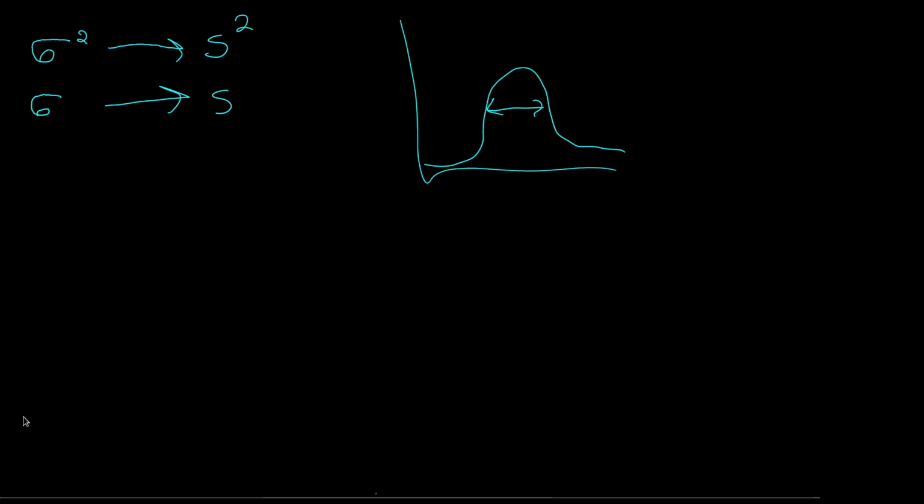And what we're going to do is talk about a thing called chi-squared. Now, chi is a Greek letter. It looks like this. And the calculation for it is like this.